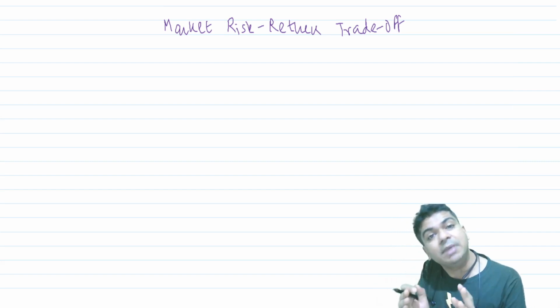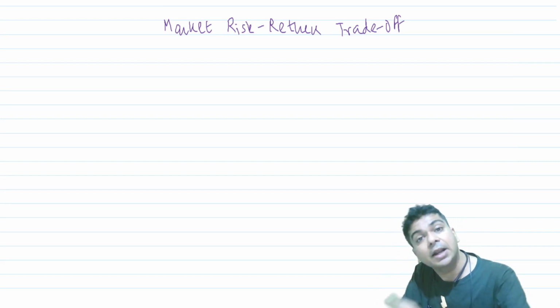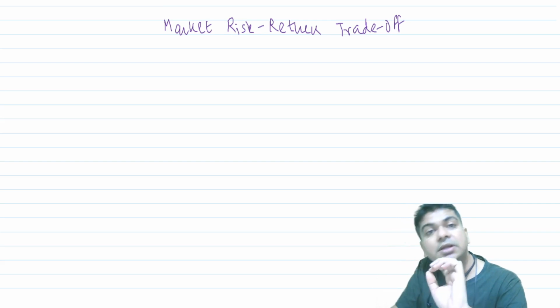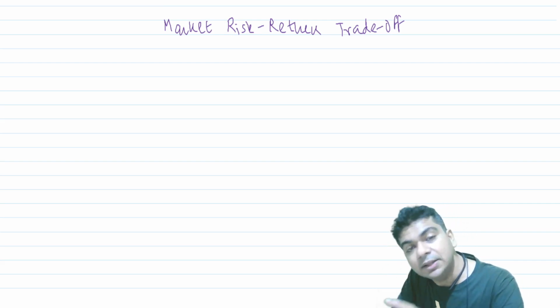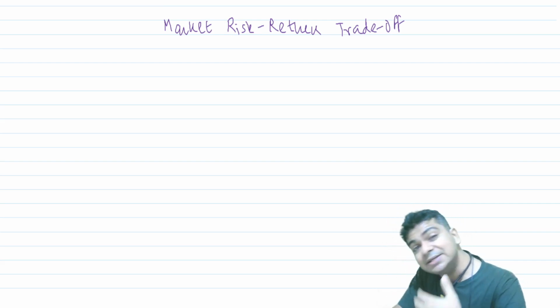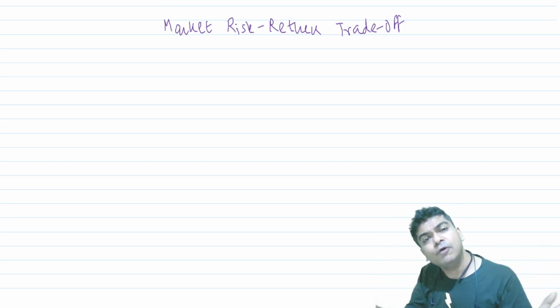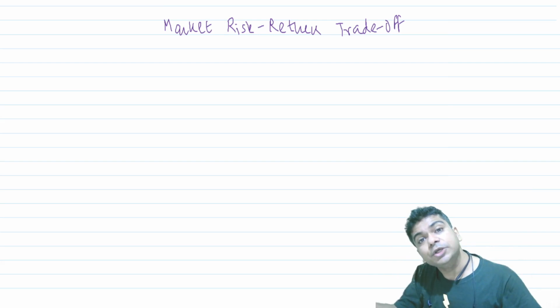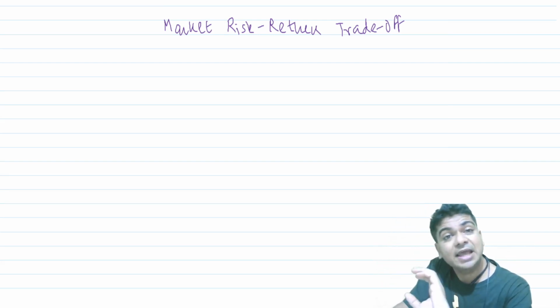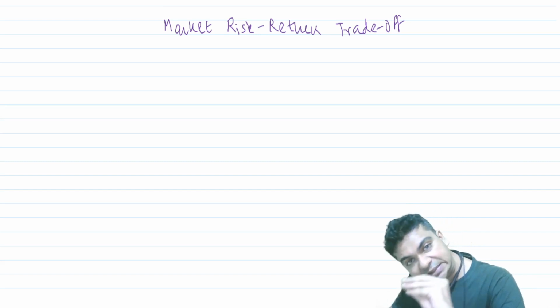By market, we mean market portfolio. And by market portfolio, we mean the securities which are available in the market. We had discussed this earlier also, that market portfolio means the entire universe of securities trading in the market. Now, this can become too huge a concept.